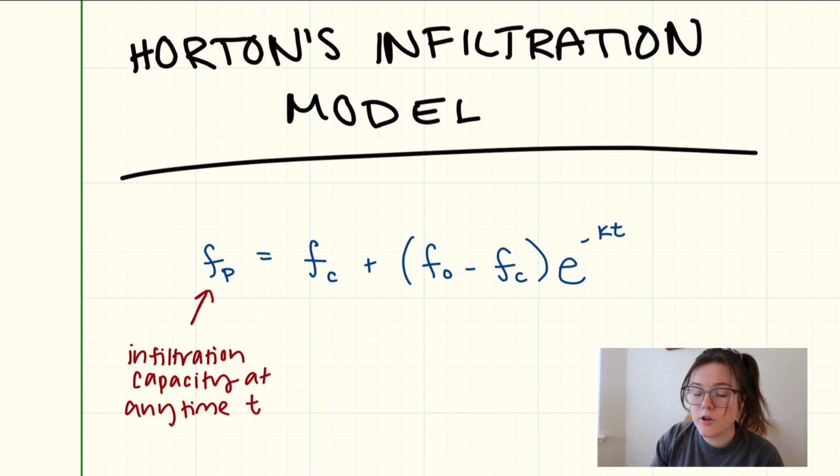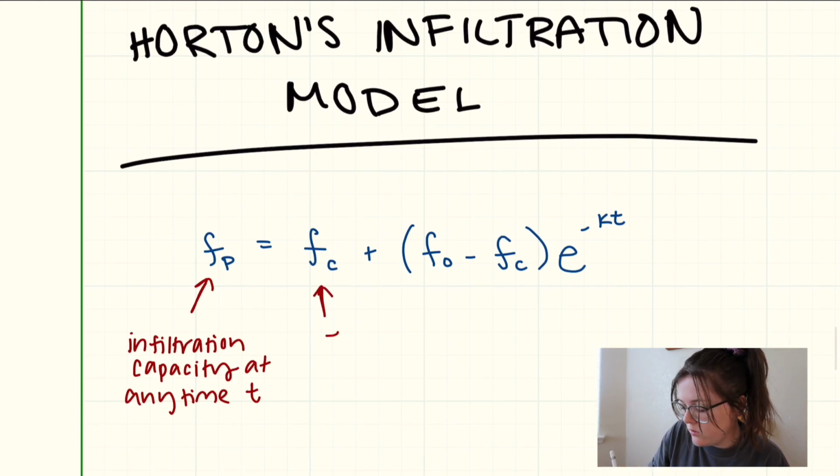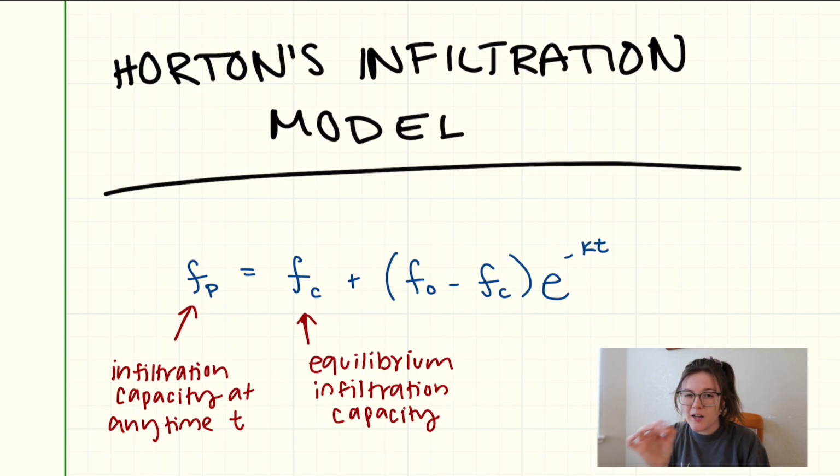So we're going to be creating a curve that's telling us what the capacity is of the soil at any time t during a storm, during a rainfall event. And then this FC is our equilibrium infiltration capacity. This is where our infiltration will kind of reach like a plateau where the rate isn't changing anymore. I'll show you what that means in a second.